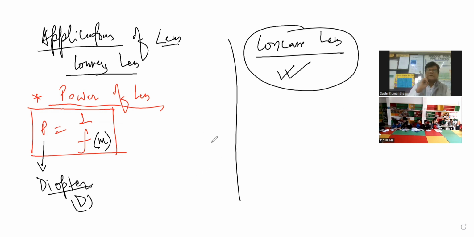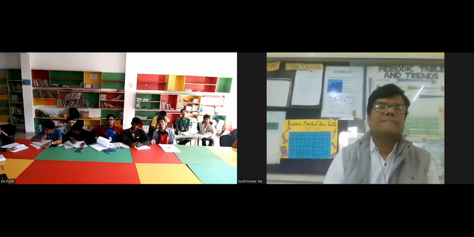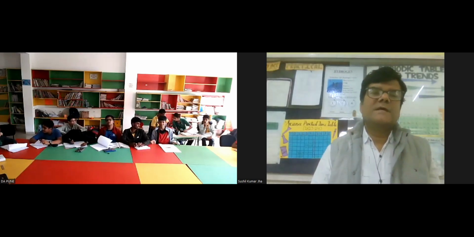Now, since it is associated with the human eye also, if you take an overview of that, there is a term called power of accommodation. When the ability of the human eye to adjust its focal length according to the objects kept decreases, then we need to have some sort of specs.